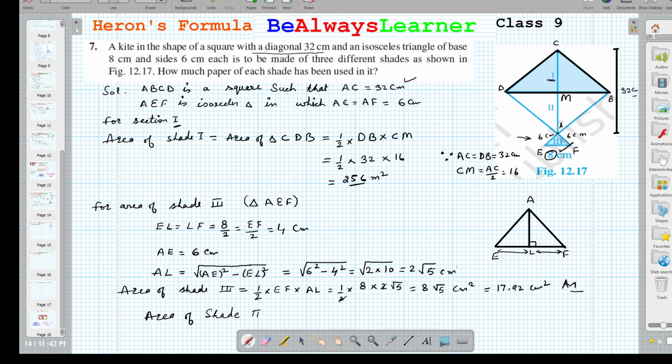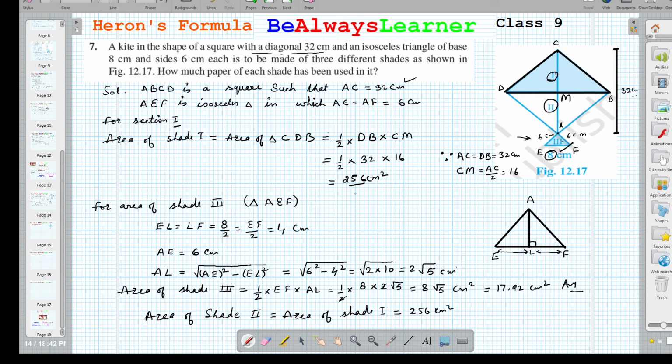Area of shade 2 is equal to, because this is a square section, so जो area first part का होगा वही area second part का भी होगा. So that is equal to area of shade 1, that is nothing but 256 centimeter square.